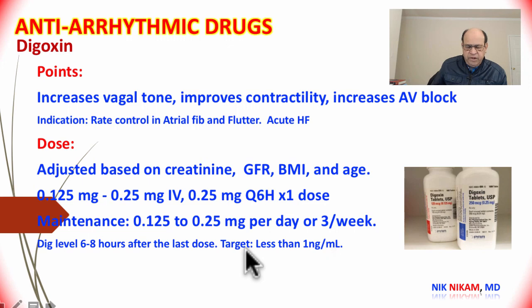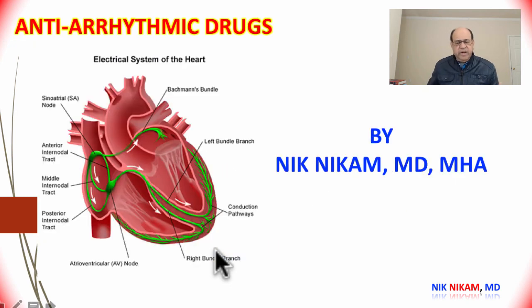When the digoxin level goes above 2 nanograms per ml, we may see symptoms of digitalis toxicity such as ventricular ectopic beats. So, ladies and gentlemen, this is a brief overview of antiarrhythmic drugs based on their effects on the various phases of the action potential.